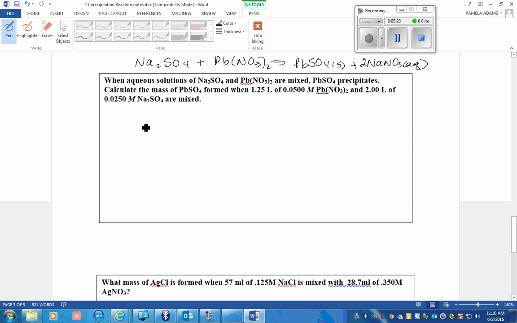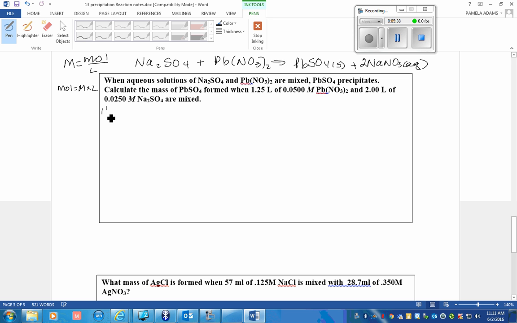And we can find the limiting reactant only by using moles or particles, not molarity. So I do recall that if molarity is moles per liter, then moles should be molarity times liters.